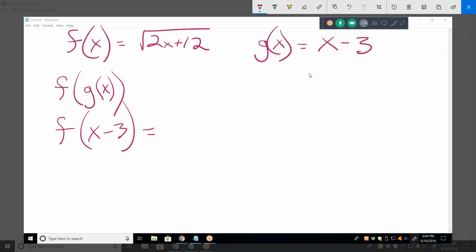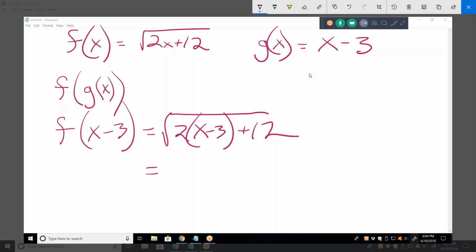So I would do the distribution of 2 outside of the x minus 3 and then add 12 with the square root around it. In other words, the secret is whatever is in the parentheses is what gets substituted for x in the f function. So the square root of 2 times x minus 3 in parentheses, and always do this in 2 steps also. And now that gives you 2x minus 6 plus 12, 2x plus 6.